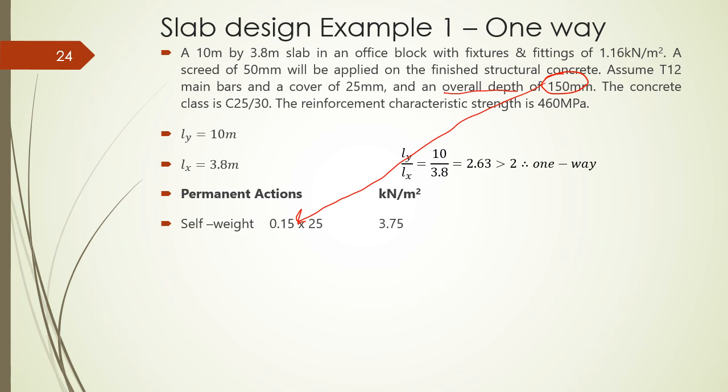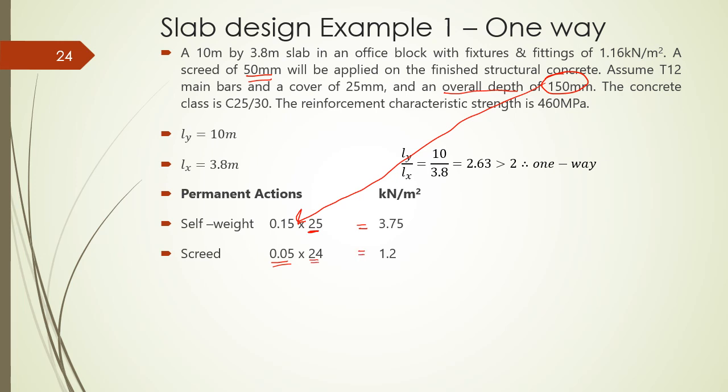We'll end up with 3.75. Then the screed, which we had been given as 50 millimeters, will translate to 0.05 meters times the density of plain concrete, which is 24, and that will give us 1.2 kilonewton per meter squared.